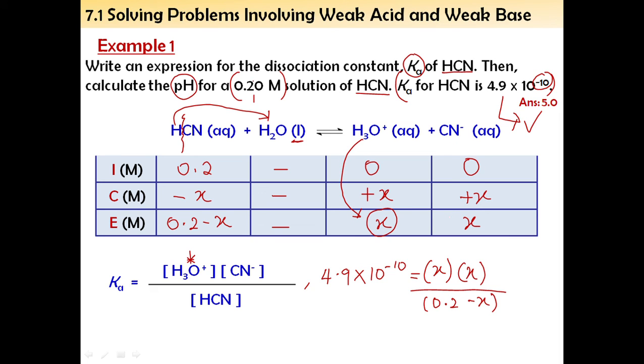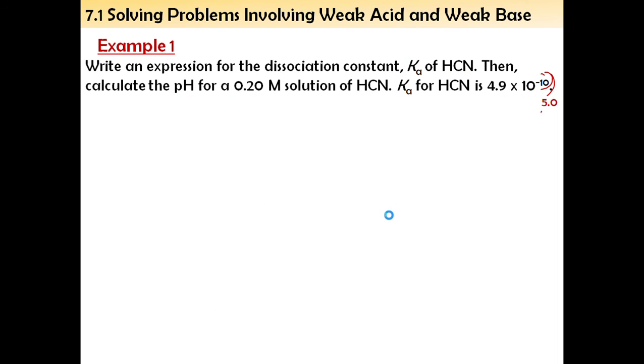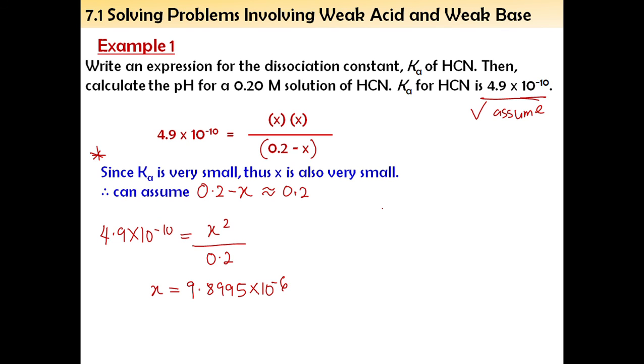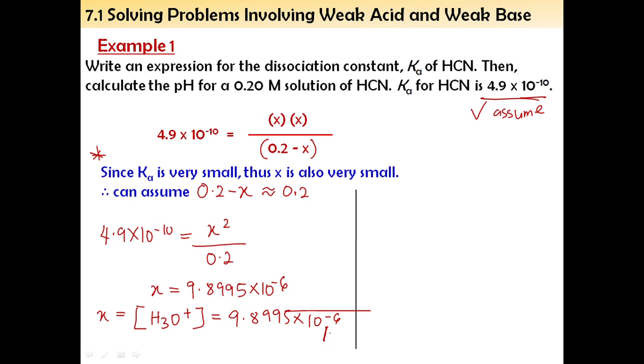Okay, you want to find the pH. pH is the negative log of H3O plus, right? So, now that I have X, what can I equate it with? I can equate X with the concentration of H3O plus, because this is what we got from the ICE table earlier. So, H3O plus is also equal to 9.8995 times 10 to the power of -6 M. Don't forget the unit.